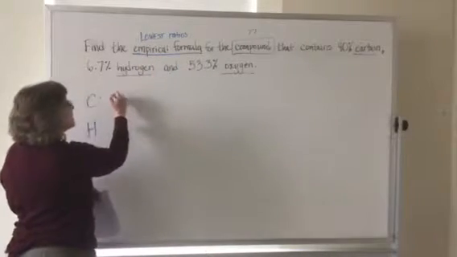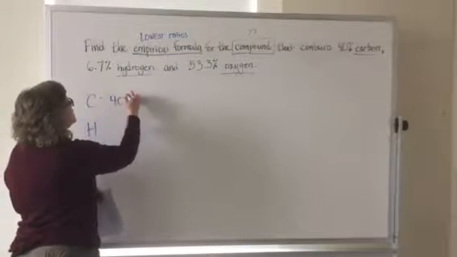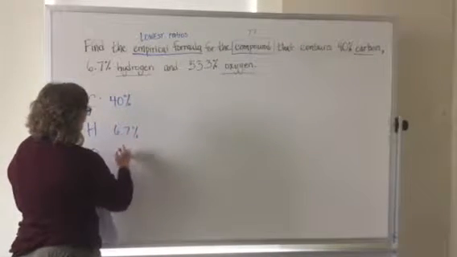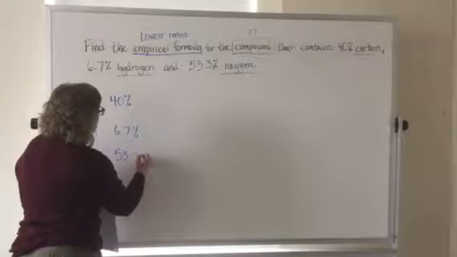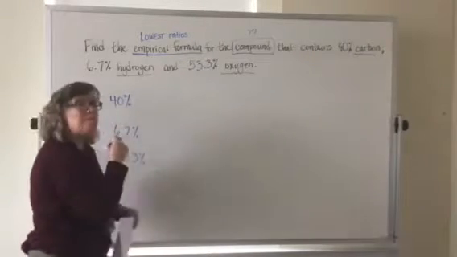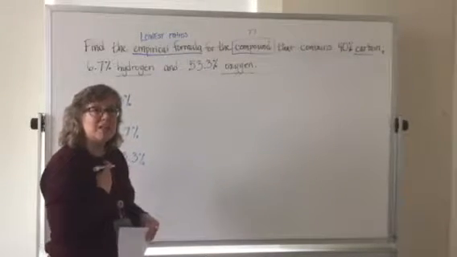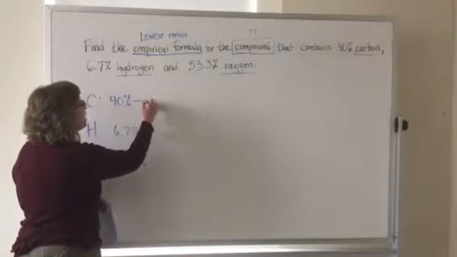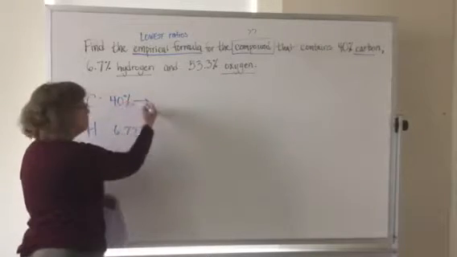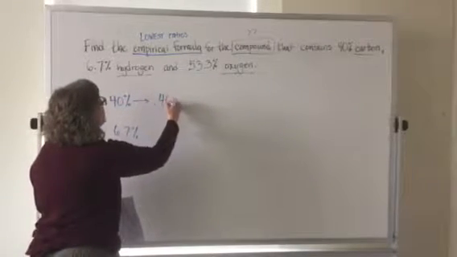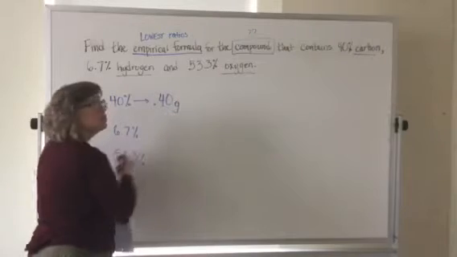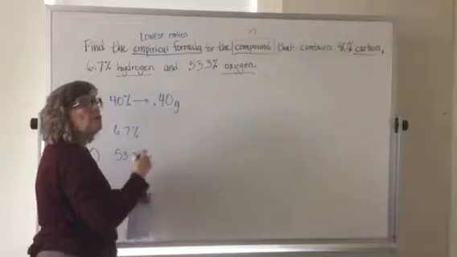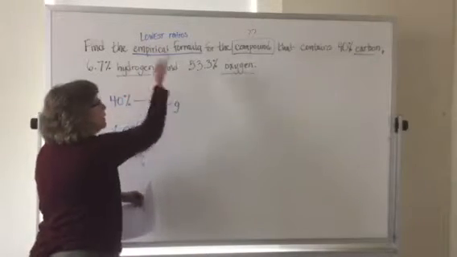So the first step is I'm going to take the percent composition and list them all, 6.7, 53.3%, and I need to get masses. I need to turn them into masses. Well, guess what? This is the easiest one you're going to do. You're going to take that percent composition and turn it into its decimal form. And that automatically becomes grams. We're just going to make it grams because it really represents how much of something you have in a compound.